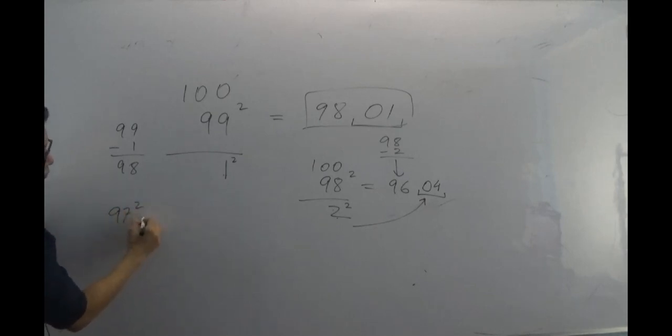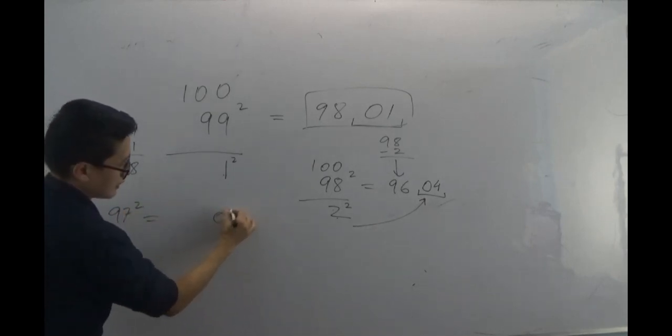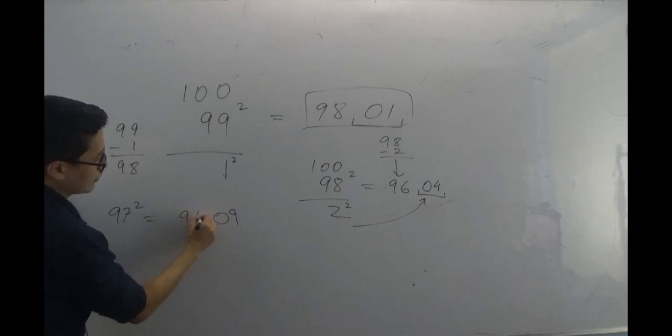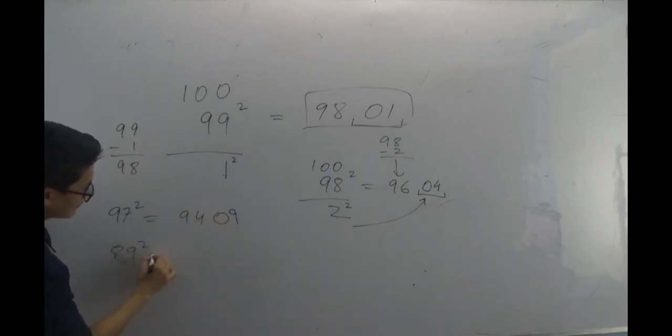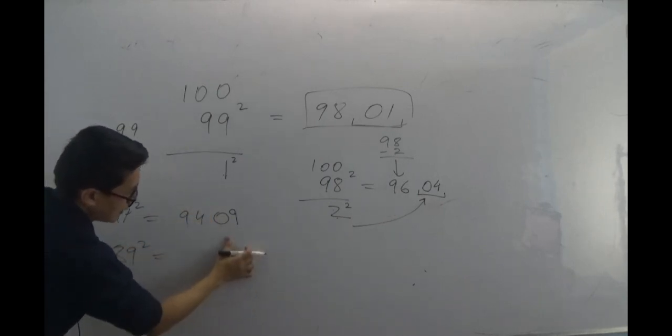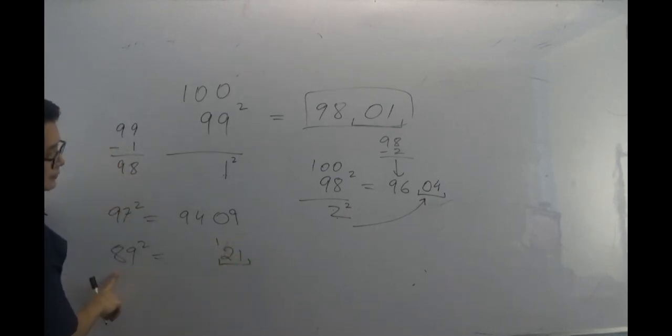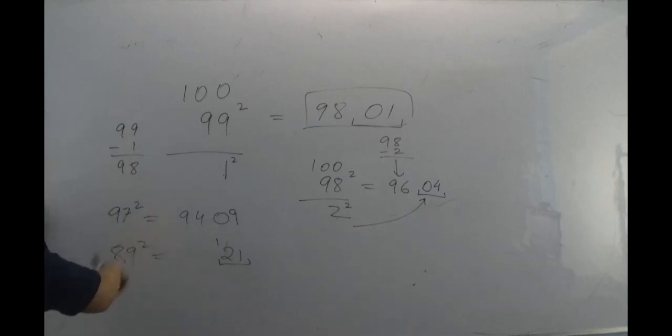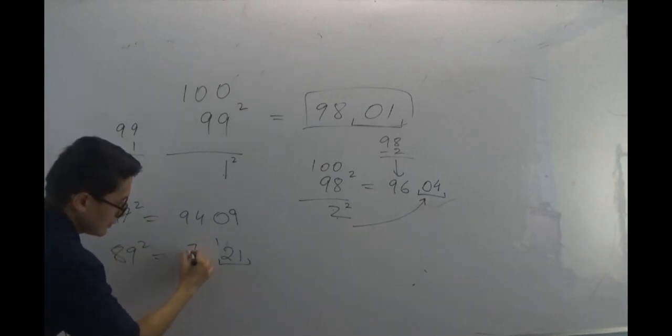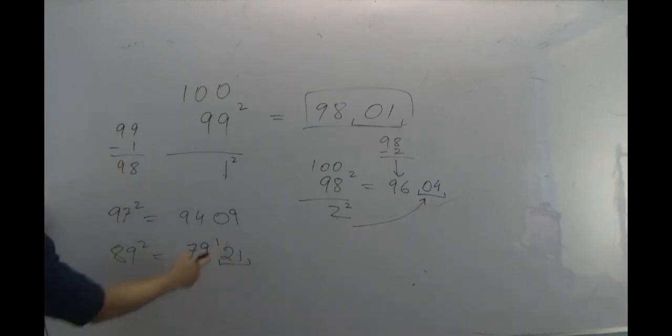Similarly 97 square: 09, and 94. 89 square: 1 2 1, I take only the first two digits, one is carry. Subtract 11 from 100 difference, 89 minus 11 gives 78, plus carry 79.